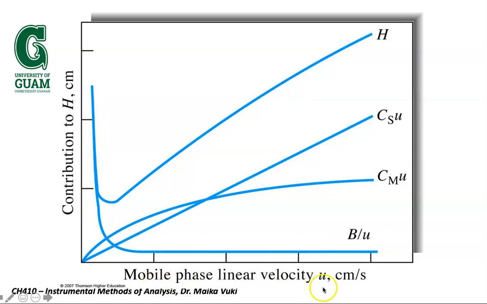As you increase the mobile phase velocity, the longitudinal diffusion decreases, and the other two, the mass transfer coefficients into the mobile and stationary phase, increase as the mobile phase velocity increases. But this sort of levels off. That is the mass transfer coefficient of the analyte in the mobile phase.